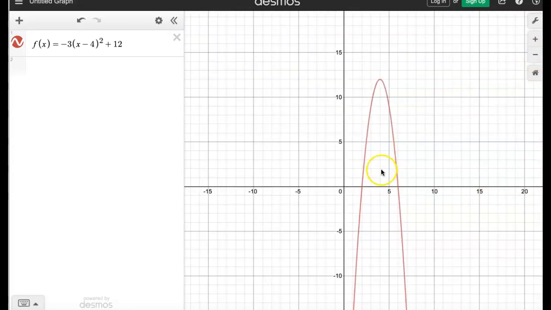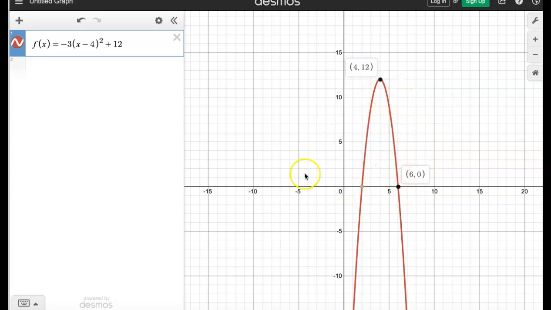Let us look at the x-intercept. See, that is (6, 0). And the vertex is at (4, 12). So the conditions are satisfied, and we can make this graph look better by fixing the settings, but we are not worried about that now.